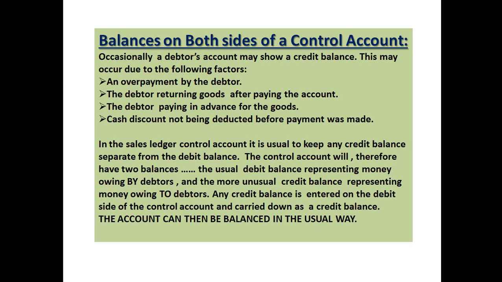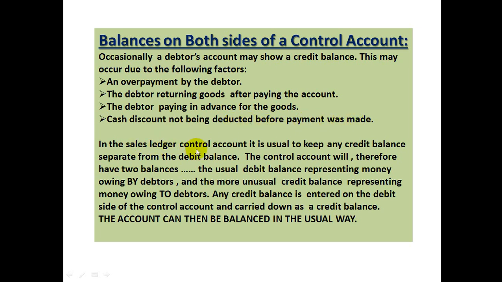Occasionally, a debtor's account may show a credit balance. This may occur due to the following factors: an overpayment by the debtor, the debtor returning goods after paying the account, the debtor paying in advance for the goods, or cash discount not being deducted before payment was made.